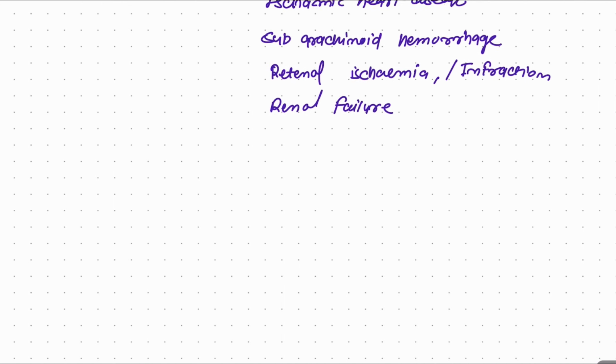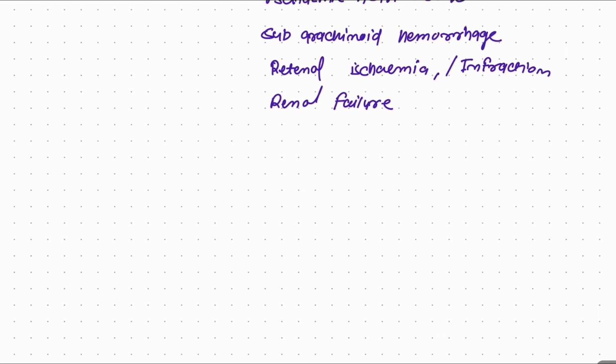Okay, in hypertension, subarachnoid hemorrhage. In subarachnoid hemorrhage, there is a rupture of the blood vessels because the subarachnoid blood capillaries are very thin. So in this condition, with rising intracranial pressure in hypertension, it causes the rupture of the vessels. Okay, and retinal ischemia or infarction.